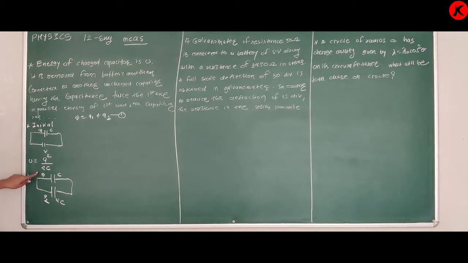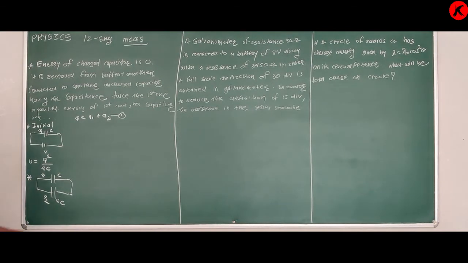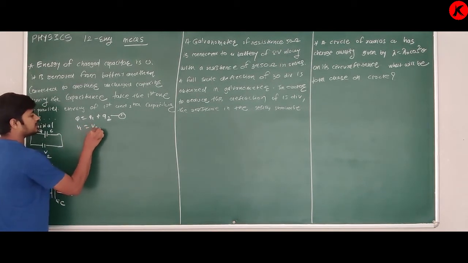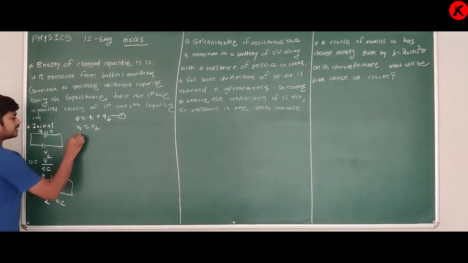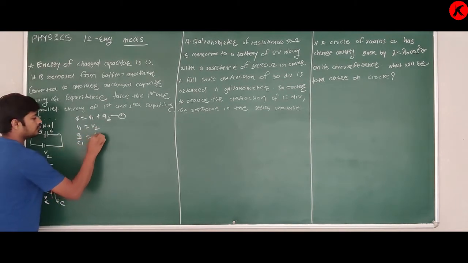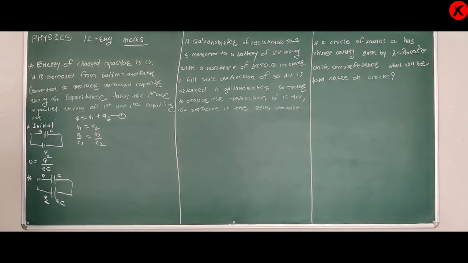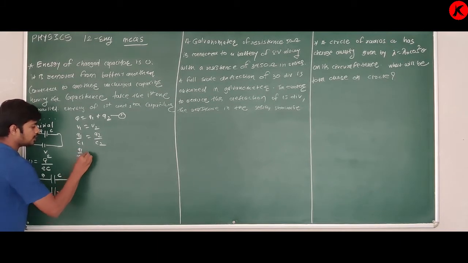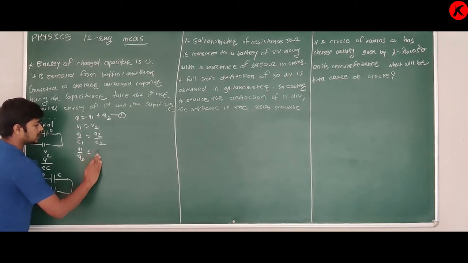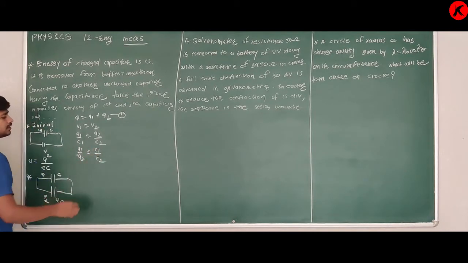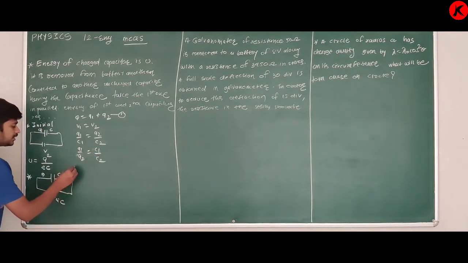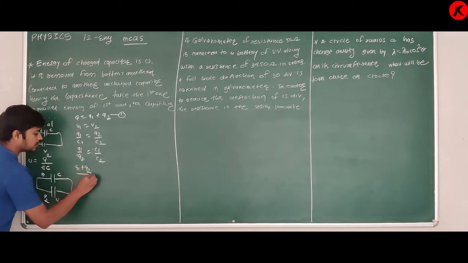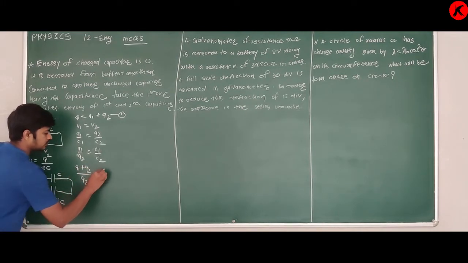Now, as they are connected in parallel, charge will flow until their potentials become the same. So V1 is equal to V2, which means Q1 upon C1 is equal to Q2 upon C2. Therefore Q1 upon Q2 is equal to C1 upon C2. Taking the components, Q1 plus Q2 upon Q2 is equal to C1 plus C2 divided by C2.